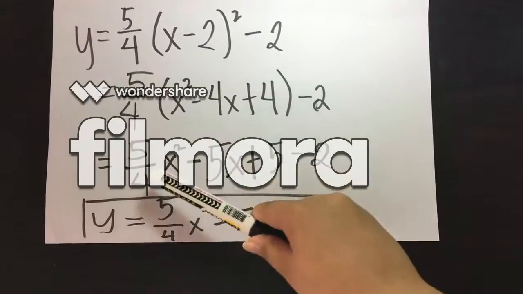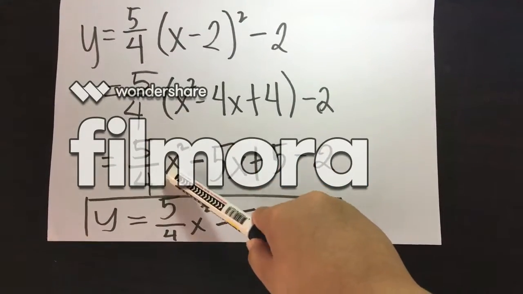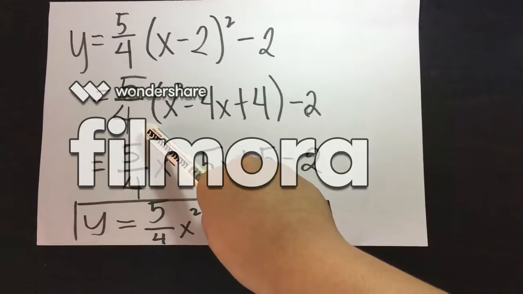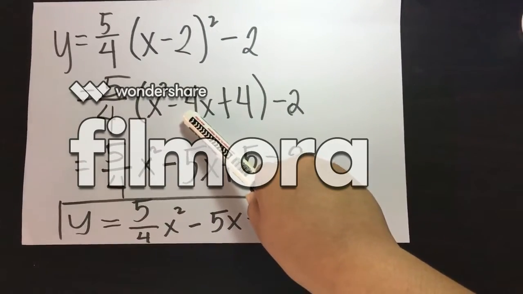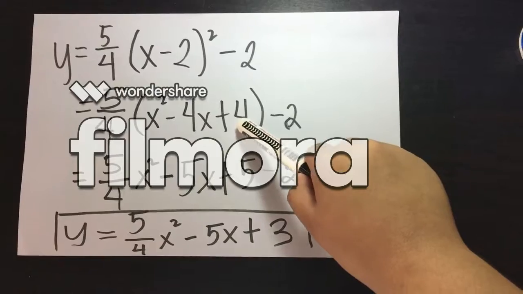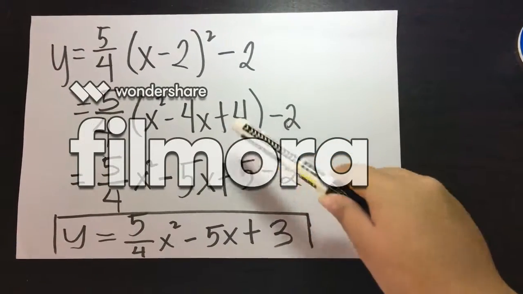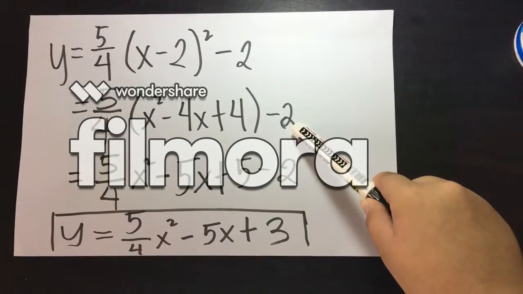So 5 over 4 times x squared is 5 over 4 x squared. Negative 4x times 5 over 4 is negative 20 over 4. You simplify it, you get negative 5x. And then 4 times 5 over 4 is 20 over 4, and you simplify it, that will become positive 5. And then you copy negative 2.